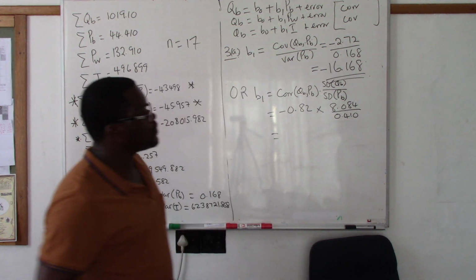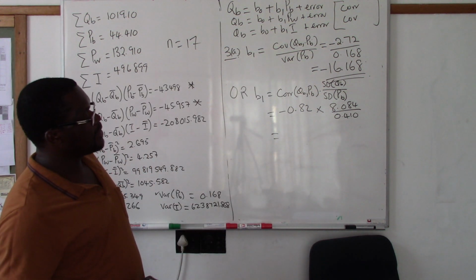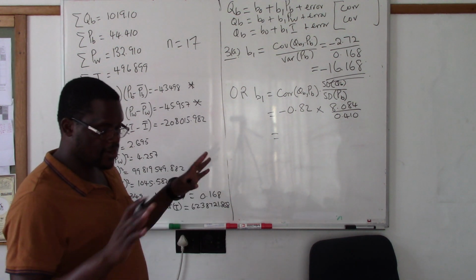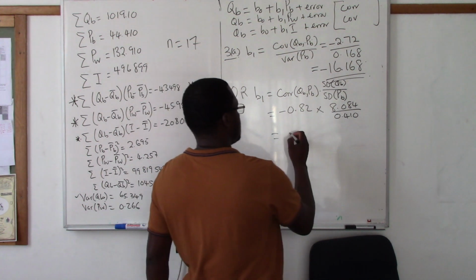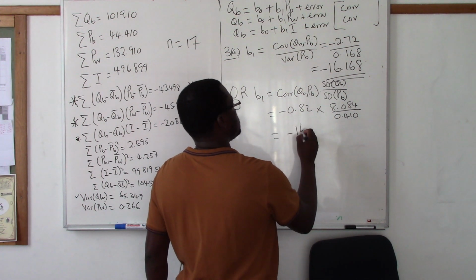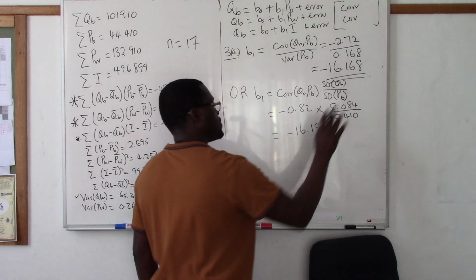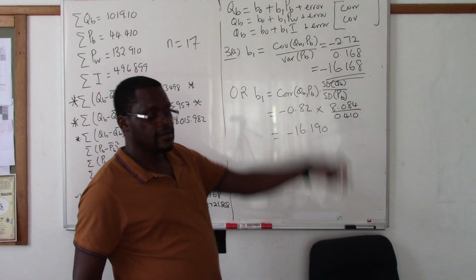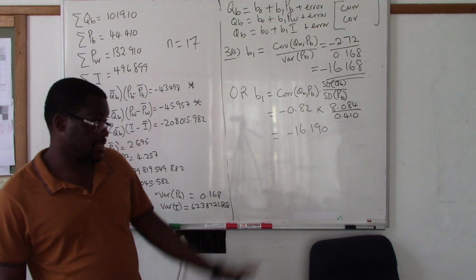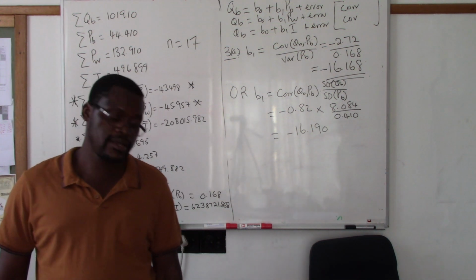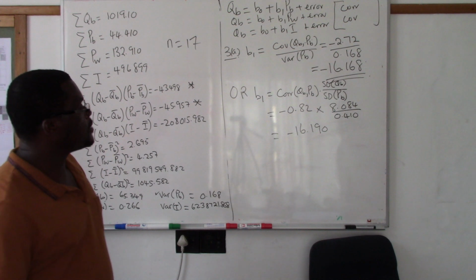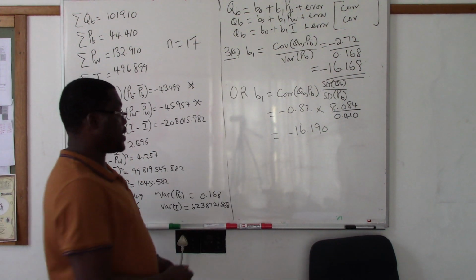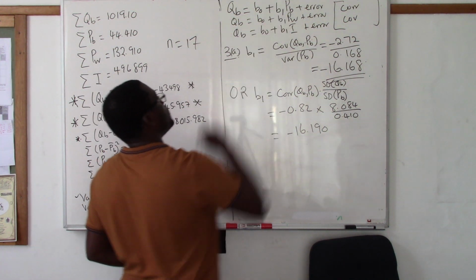The answer you should get here, knowing that there will be some rounding off errors, I think it will be minus 16.190 something because of rounding off, but you can see that for all practical purposes it is the same coefficient. So you can use any one of these two methods to get your estimate for B1.